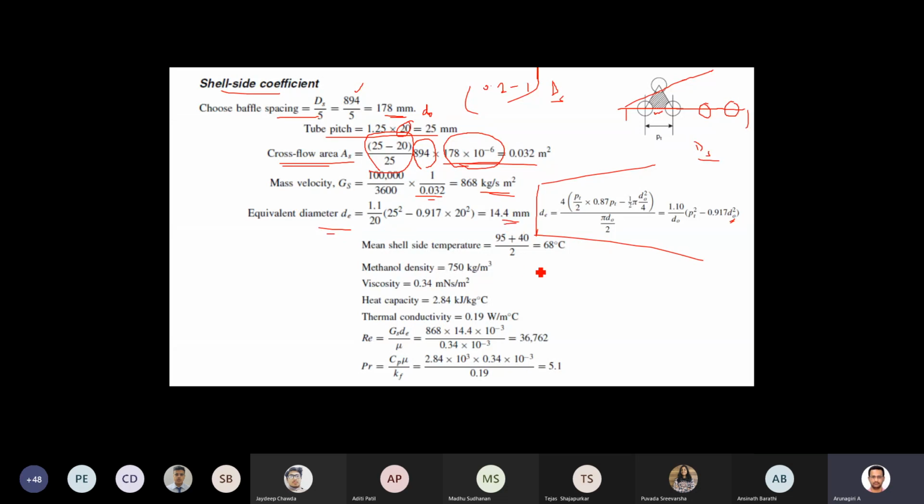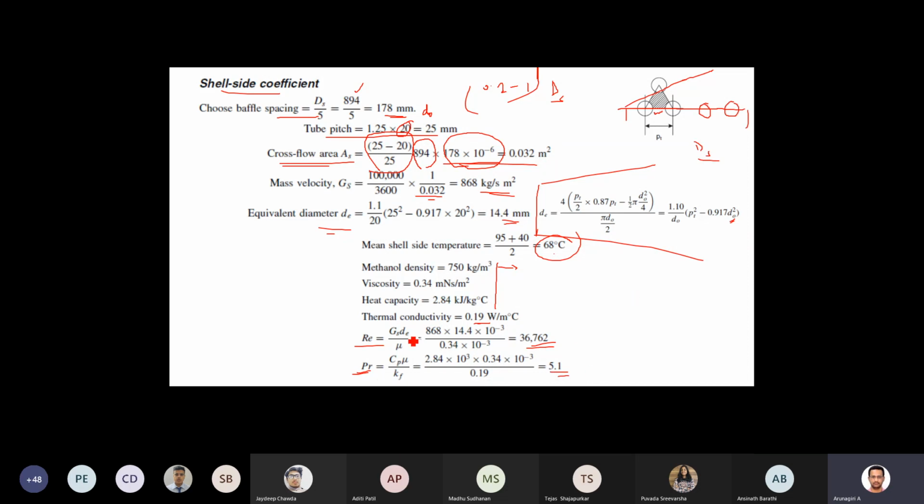Then the mean shell side temperature you can calculate, and at this temperature you can calculate the properties. Density of methanol is 750 kg per meter cube. Viscosity is 0.34 centipoise. Heat capacity is 2.84 kilojoules per kg degree centigrade. Thermal conductivity is 0.19 watt per meter degree centigrade. Substitute and find the Reynolds number, 36,700. Prandtl number is 5.1.